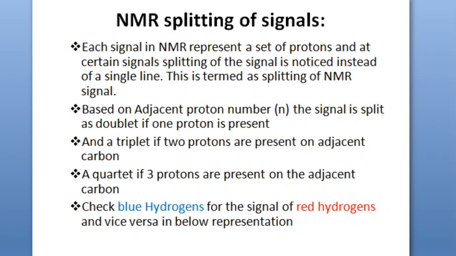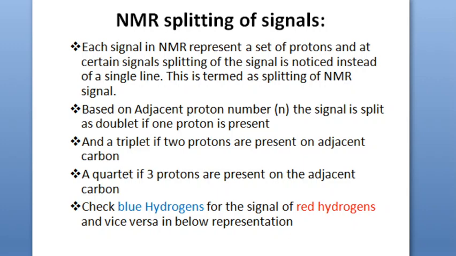This splitting of signal is based on the number of adjacent protons. Here adjacent refers to hydrogens present on the adjacent carbon atom. So if a signal is splitting into 2 lines, we call that one a doublet.